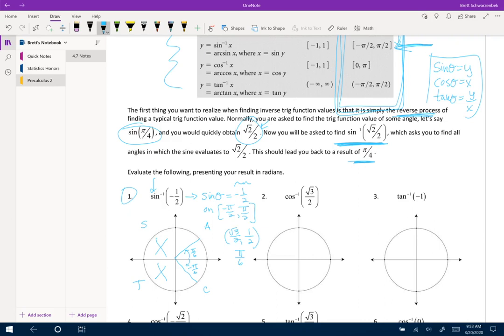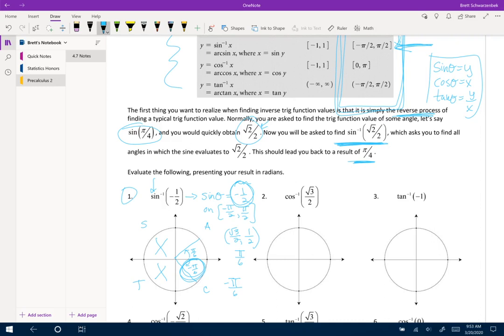So therefore, if we have a -1/2 as a result, we must be talking about the fourth quadrant, which means the answer to this problem is actually going to be our -π/6.